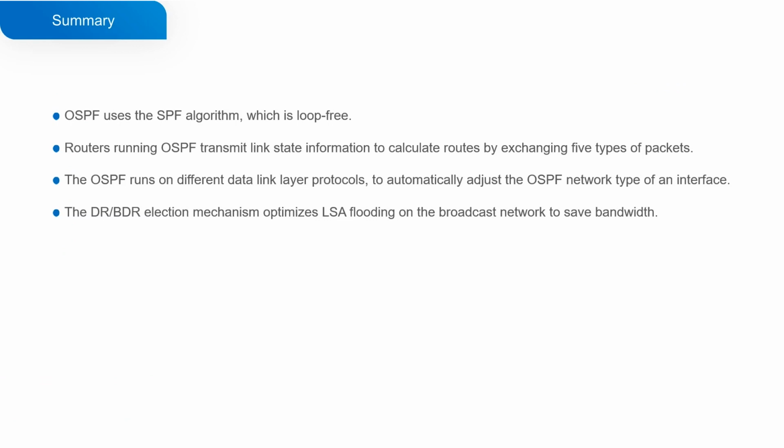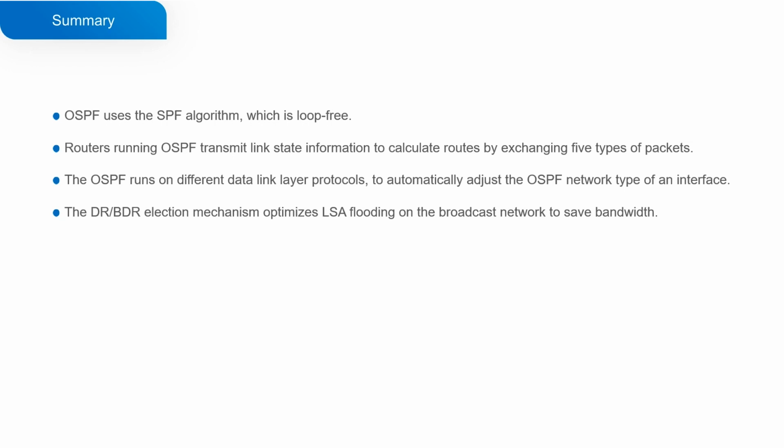So the last, we will do a summary about today's class. OSPF uses the SPF algorithm, which is loop-free. It means in OSPF, we don't consider the loop problems because we use the SPF algorithm. Actually, for the SPF algorithm, we receive the LSA information from the neighbors.